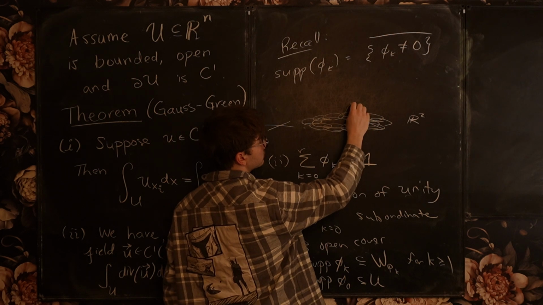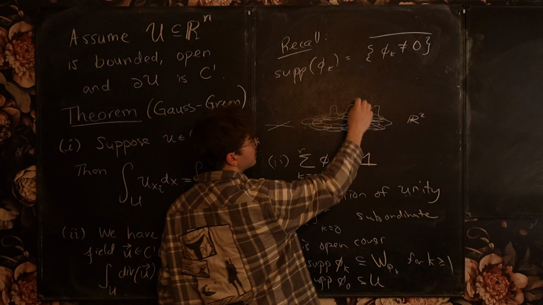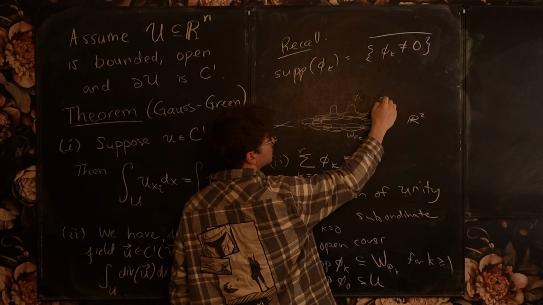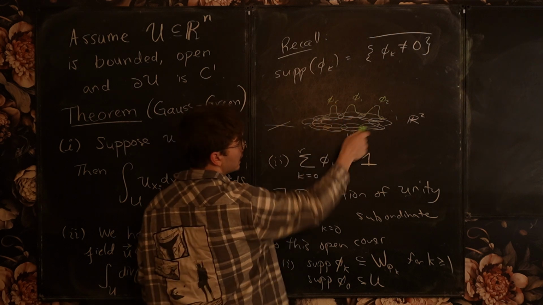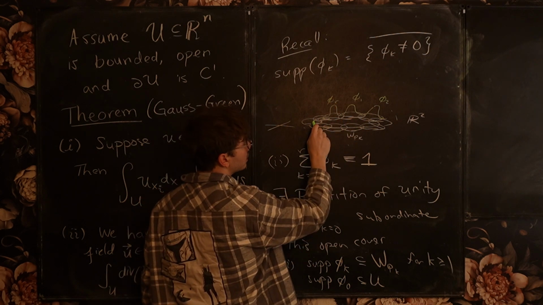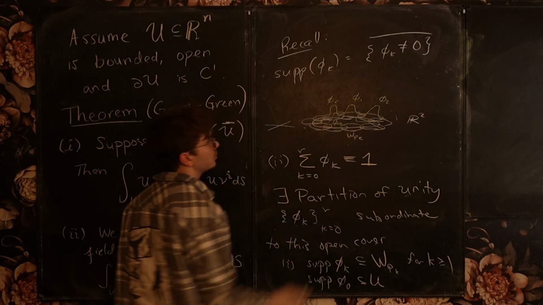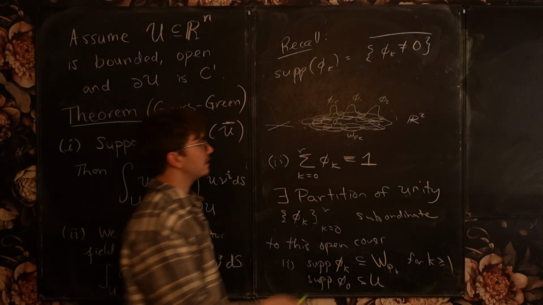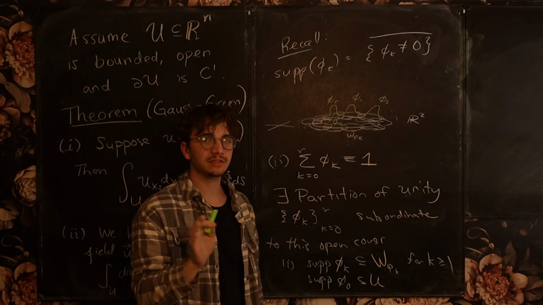So let's draw those here, here, here. Maybe this is phi 1, phi 2, etc. Here's phi r. And then I have another bump function, phi 0, on the set U.